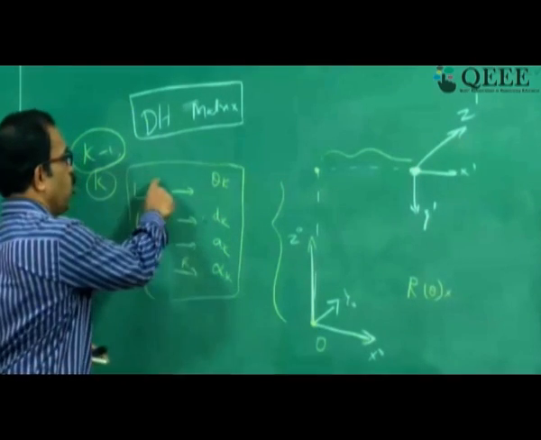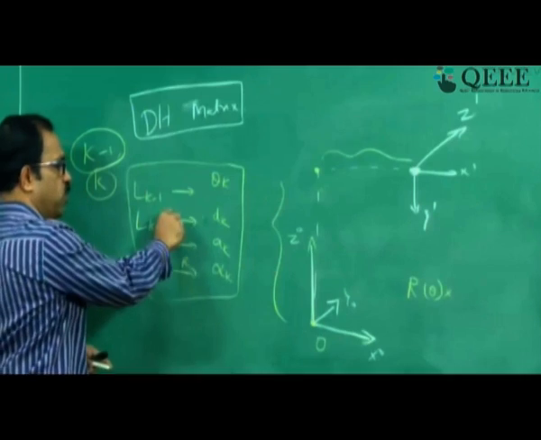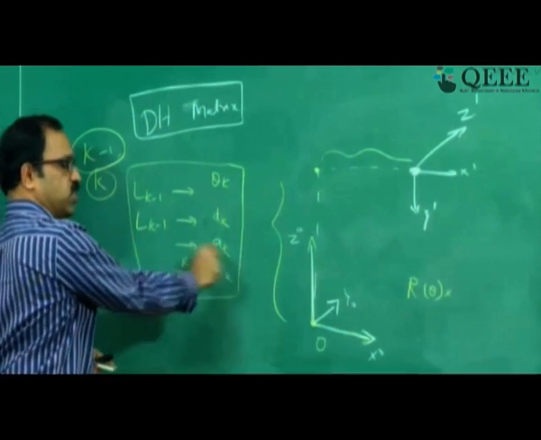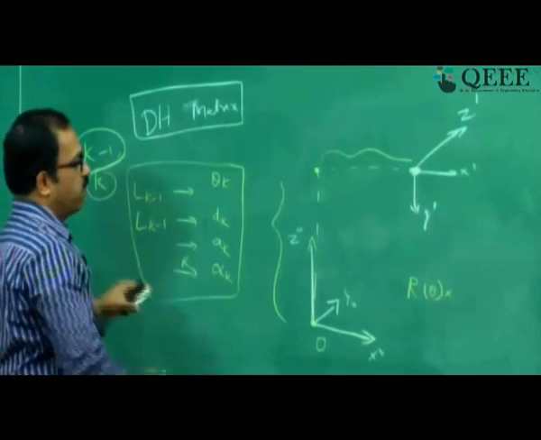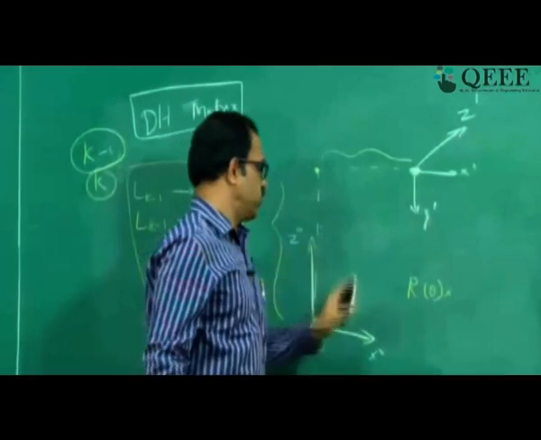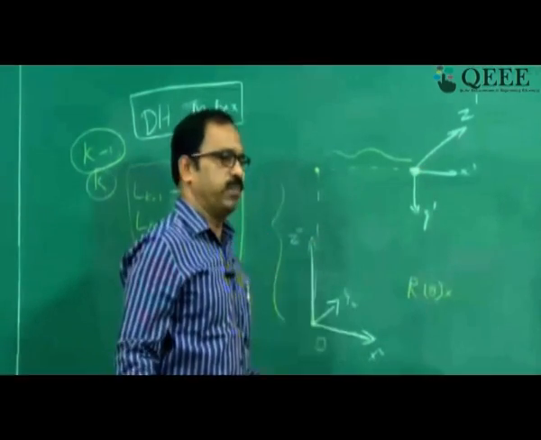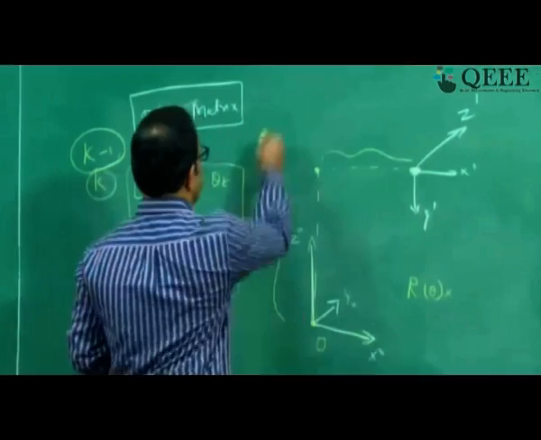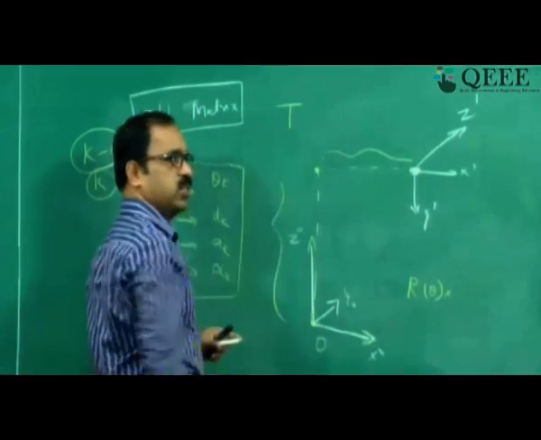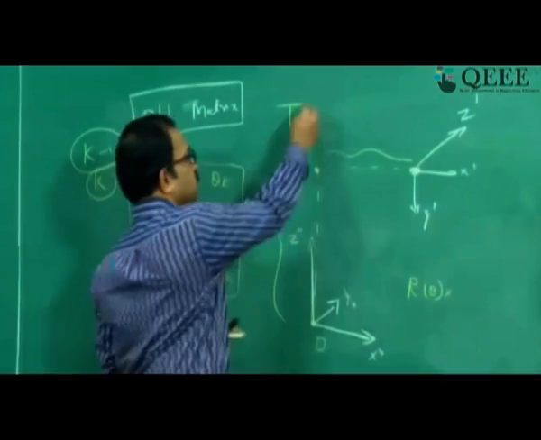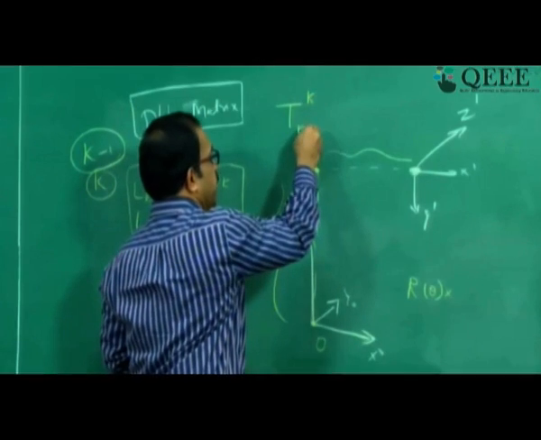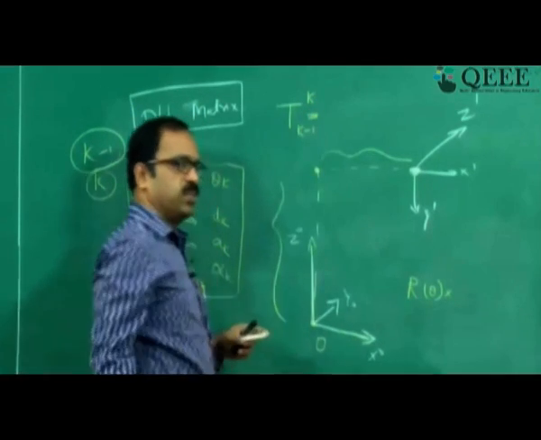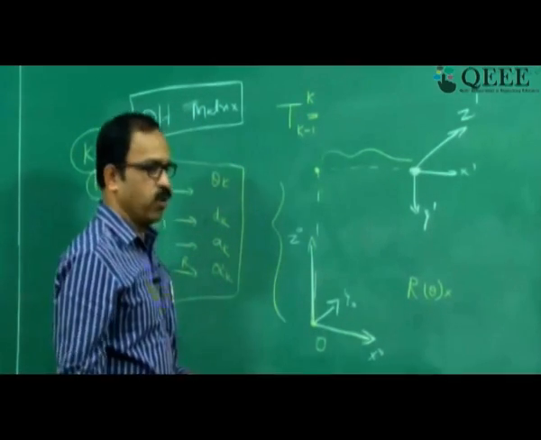So two homogeneous rotation matrices and two homogeneous translation matrices together will make the complete transformation from this coordinate frame to this coordinate frame, and therefore the coordinate transformation matrix from k to k minus 1 can be written as a combination of these 4 matrices.